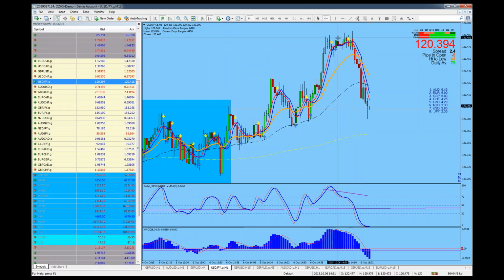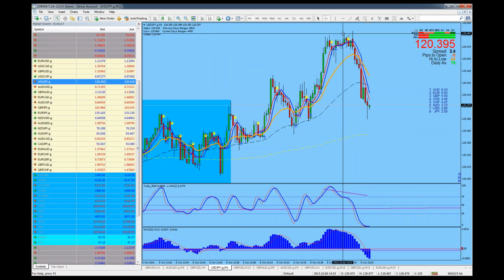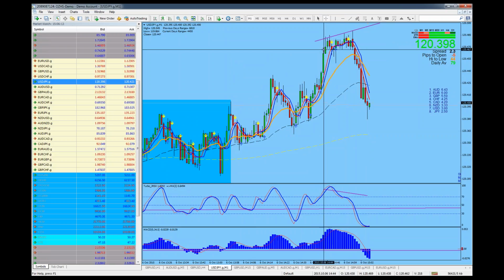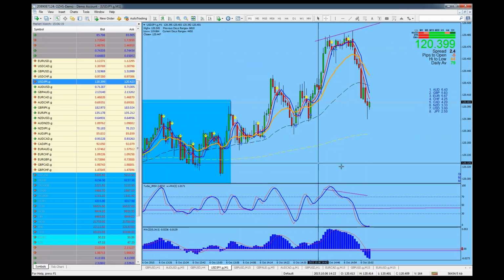All right. So we got nothing up here we can really work with as far as divergence. Because if I draw my line up here across these tops, I need to look down here, and you see there's nothing here I can really work with. And it's a 1 minute chart. So let me go back to the 5 or the 15.